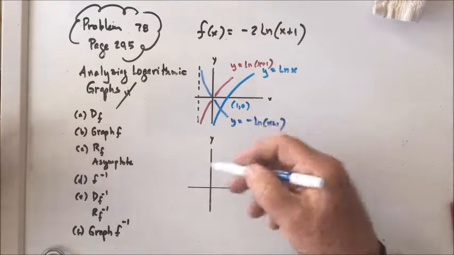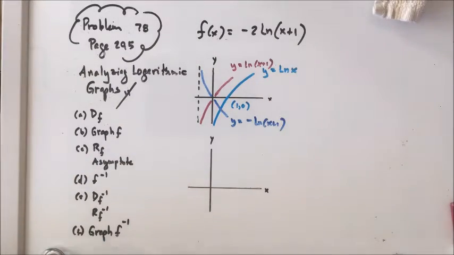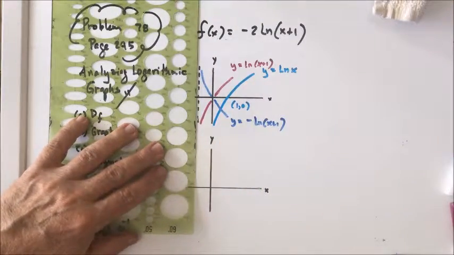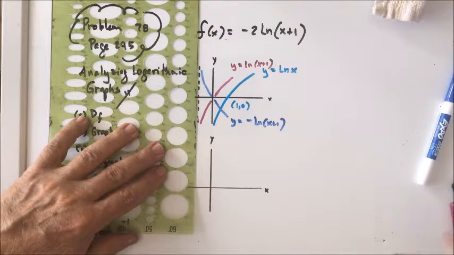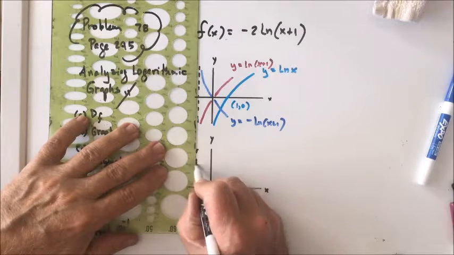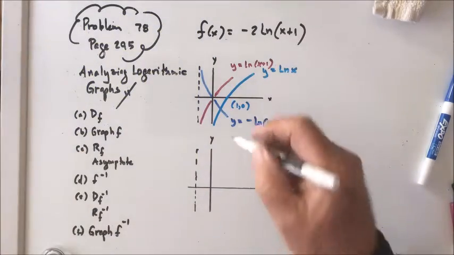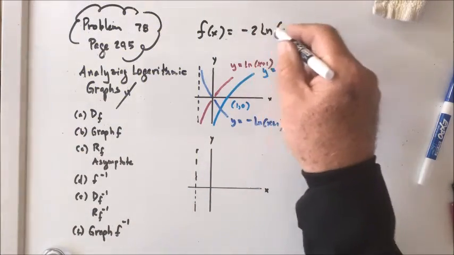And the last thing that I need to do then is to multiply this function by 2. So, because this is getting pretty busy, let me introduce this guy down here. And what I'm going to draw on it now is minus 2 times that.